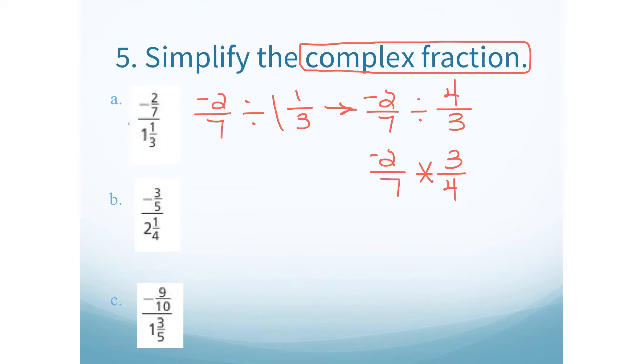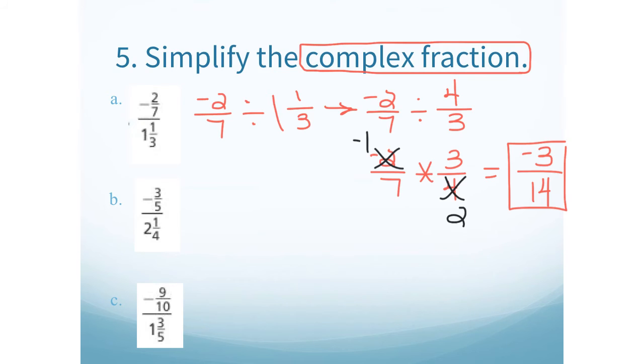If you want to take the time to cross cancel, you can, because 2 and 4 share the common factor of 2. So negative 2 factors to negative 1 and 4 factors to 2. This gives us the answer. Negative 1 times 3 is negative 3. 7 times 2 is 14. My final answer is negative 3 over 14.